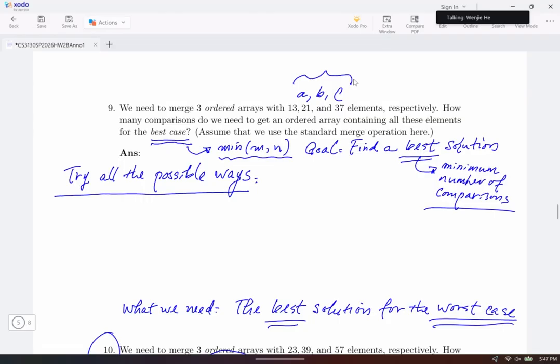First way to merge: merge the A subarray and the B subarray, right? As a result, after the merge, we get an A plus B ordered array, right?